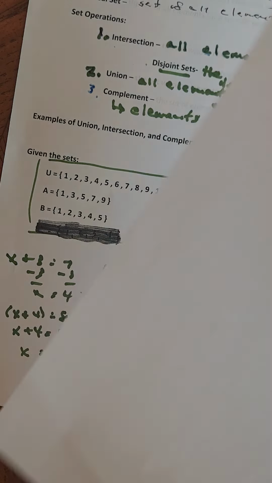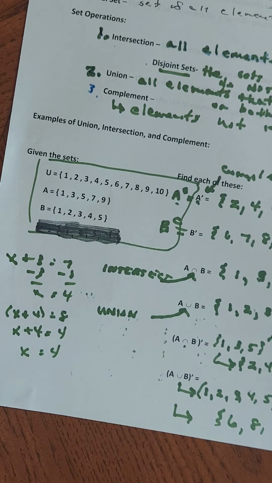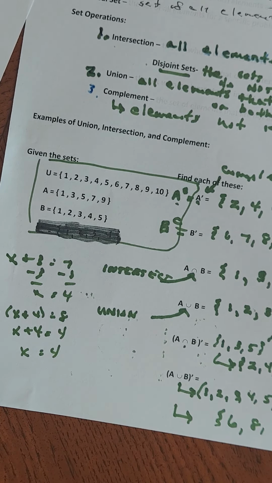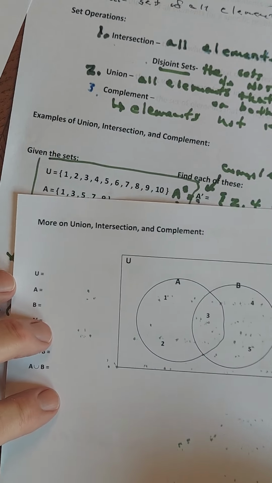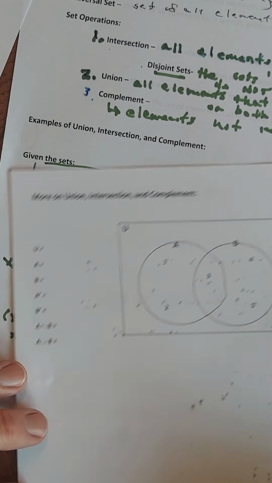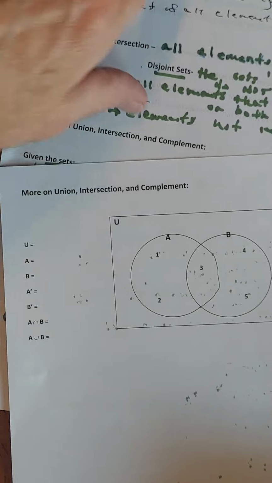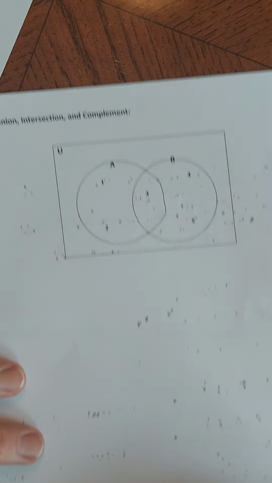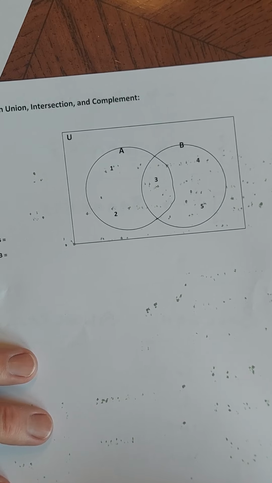Okay, so let's look at this. Here's a Venn diagram. It has nothing to do with the other problem. This is a new one.